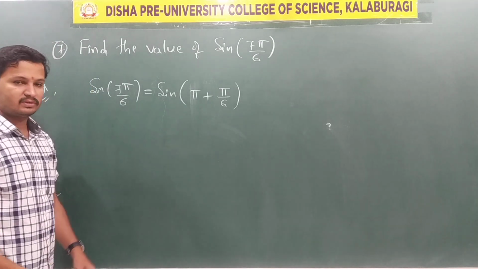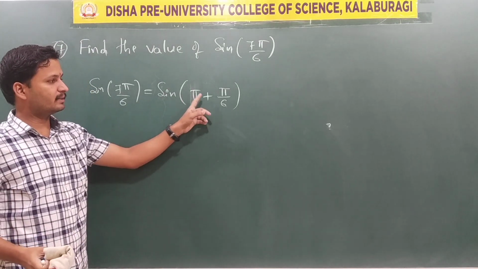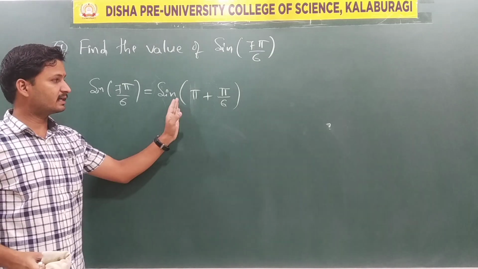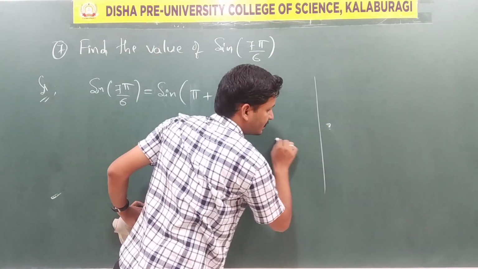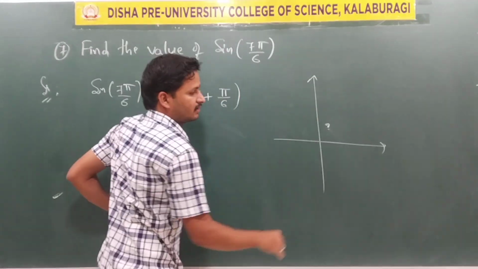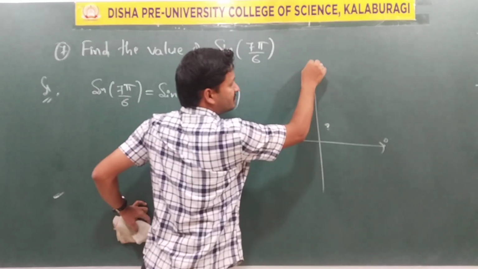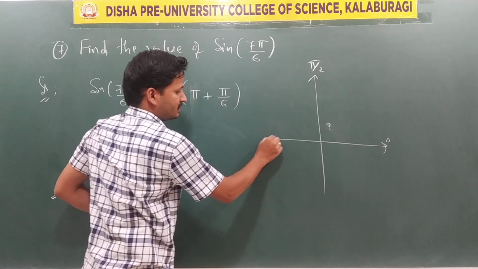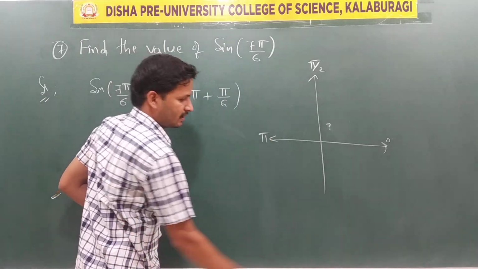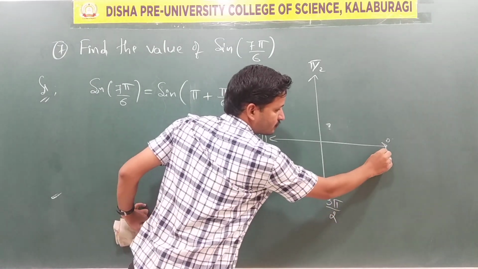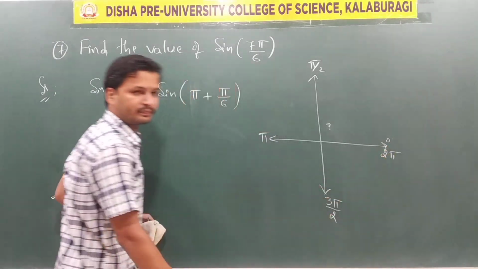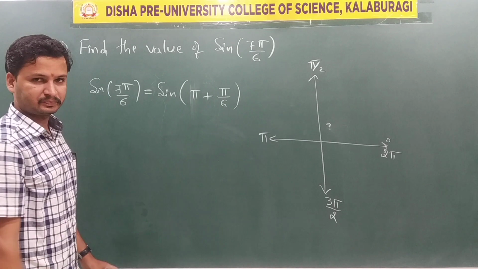So now this is of the form sine of pi plus theta, that means sine of 180 plus theta. So sine of 180 plus theta lies in which quadrant? Okay, so this is 0, this is pi by 2, this is 180 degree, that is pi, and this is 3 pi by 2, that is 270 degree, and this is 2 pi, that is 360, in terms of radian.